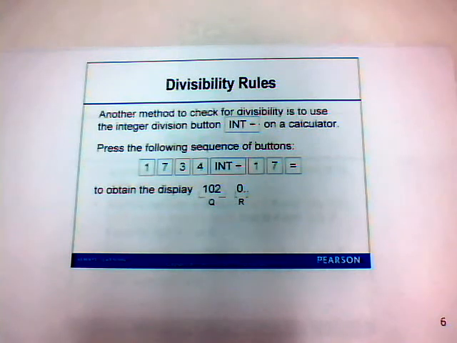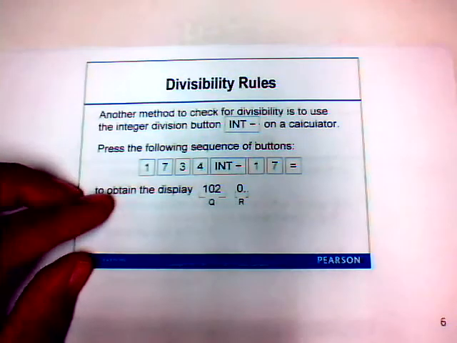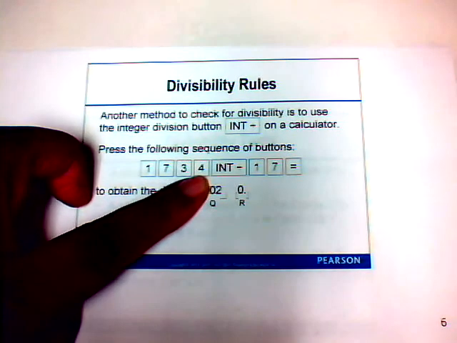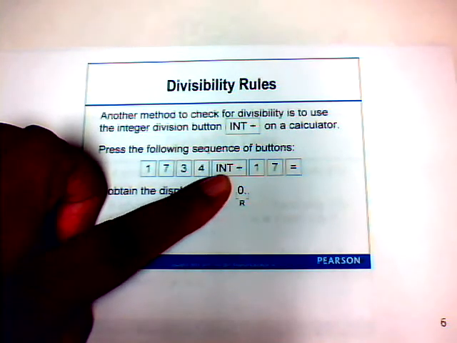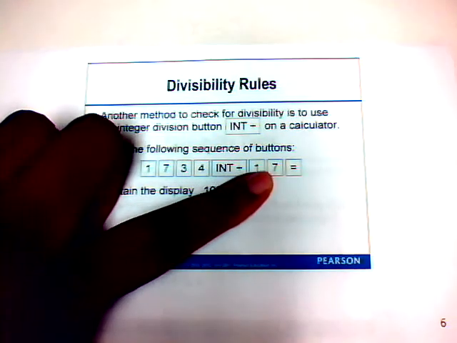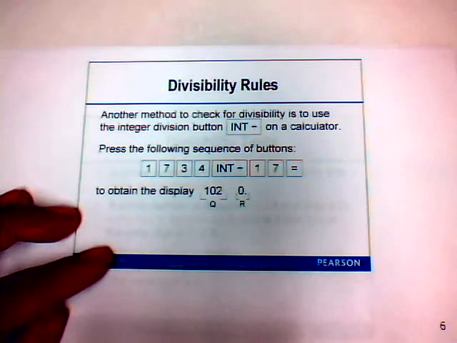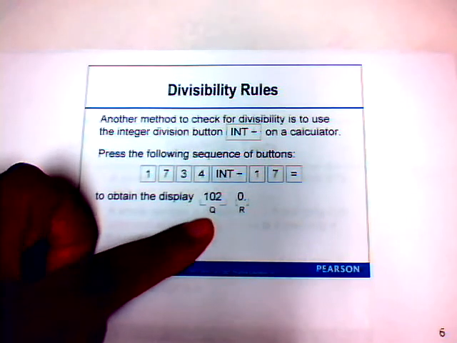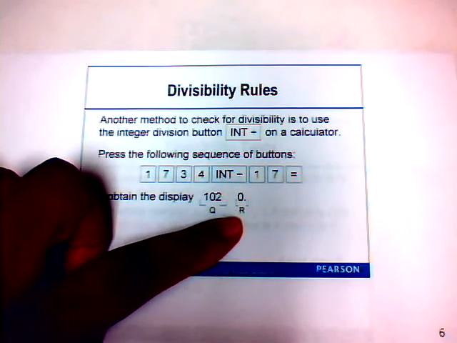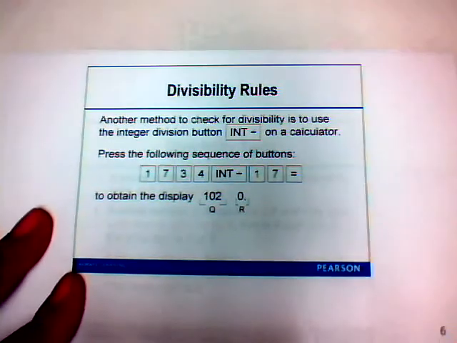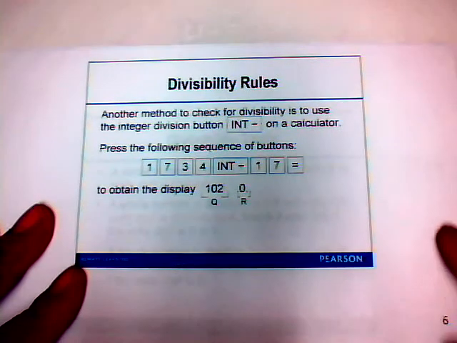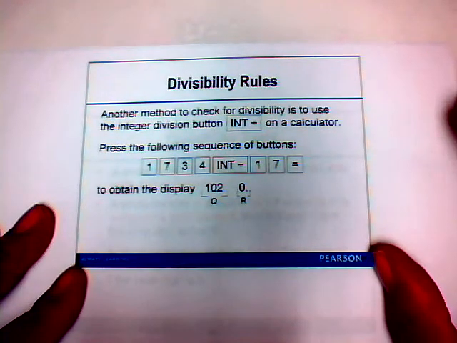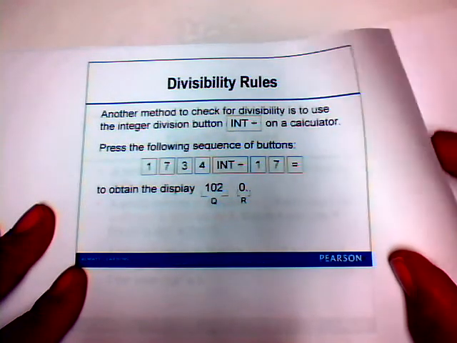So if you want to do 1734 divided by 17, you'll type in 1734, then you'll press the INT division button and then 17, and then hit equal. You'll get this display where the Q is your quotient, which is 102. The R is the remainder, in this case 0. So you can see that 17 divides 1734 using the calculator.